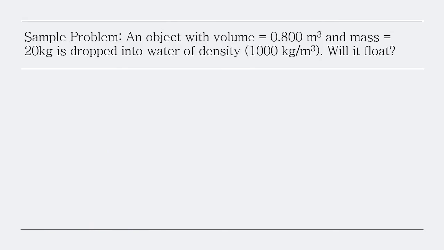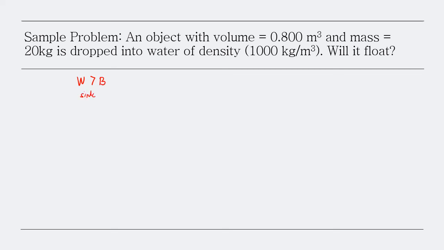Okay, so let's have a sample problem. An object with a volume equal to 0.8 cubic meter and a mass of 20 kilograms is dropped into water of density 1000 kilogram per cubic meter. Will it float? Again, remember this condition: if the weight of the object is much greater than the buoyant force, then it will sink.